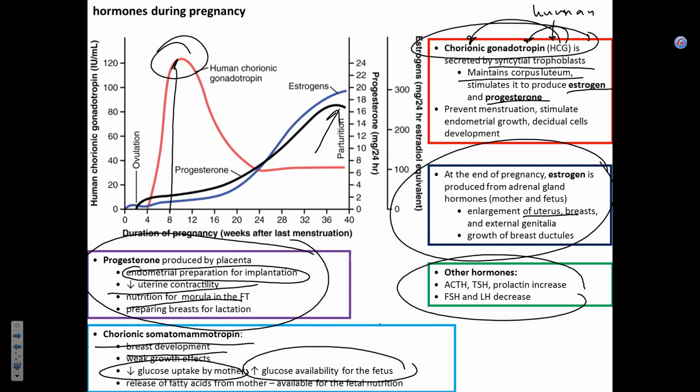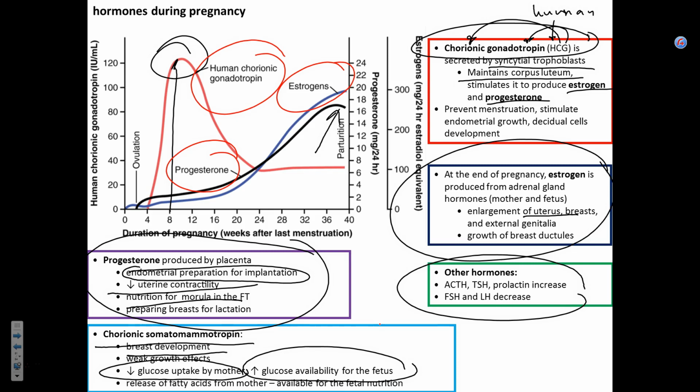I want to be very clear. You need to know about 4 hormones: chorionic gonadotropin, estrogen, progesterone, and somatomammotropin. For these 3, you need to roughly know the dynamic. What I mean by that: if I ask you, at the end of pregnancy, which of the following hormones is practically non-existent?